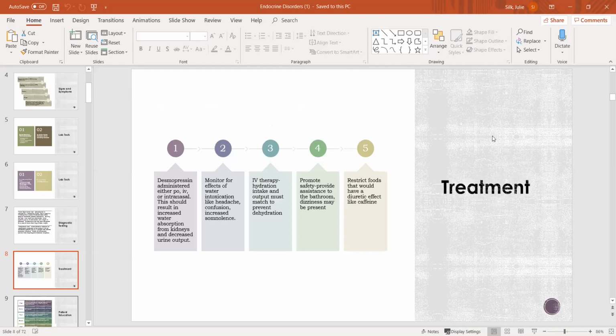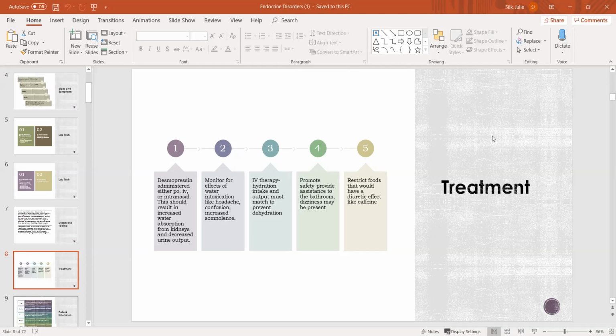Okay, so then with treatment. For someone who has this, there is an actual medication called desmopressin that you could give. This can be taken by mouth or IV, or there is even a nasal spray version of it. This should result in increased water absorption from the kidneys and decreased urine output.